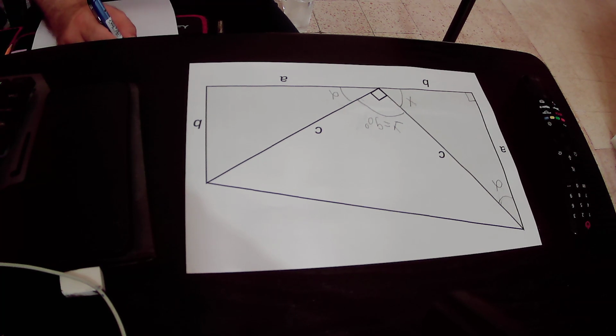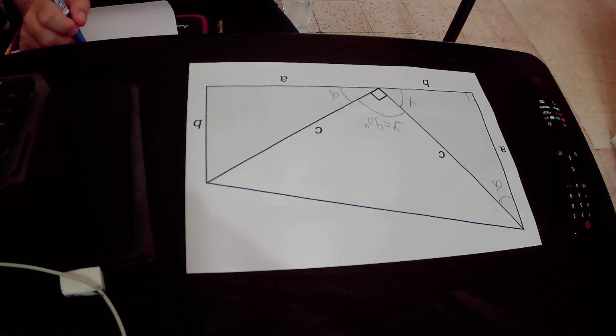So expression 1 is a plus b times a plus b divided by 2. That is the first expression of the area of the trapeze, and it is equal to the second expression that is also the area of the same trapeze calculated in a different way.